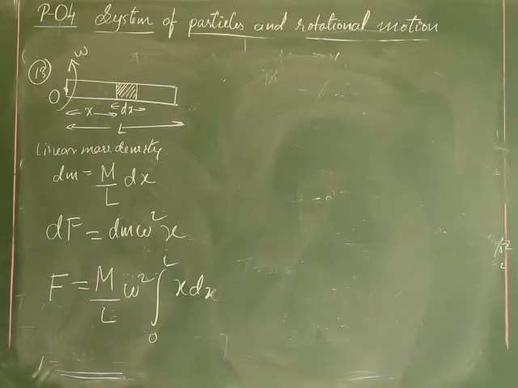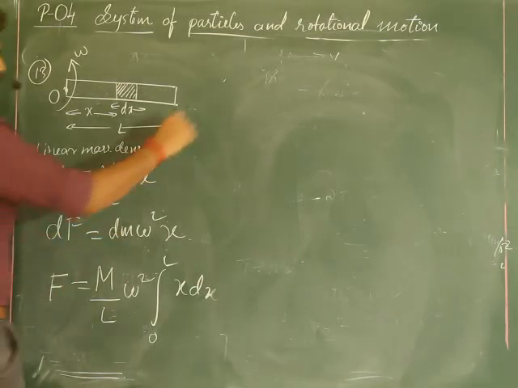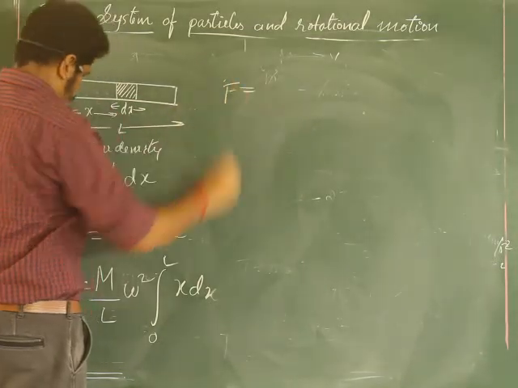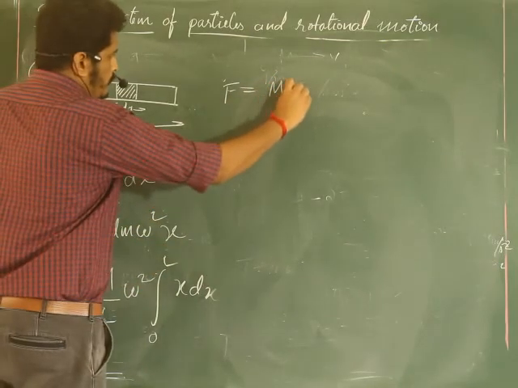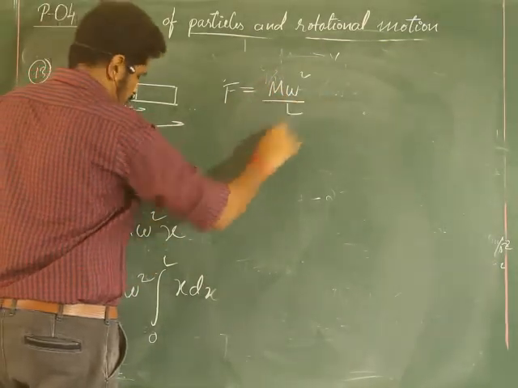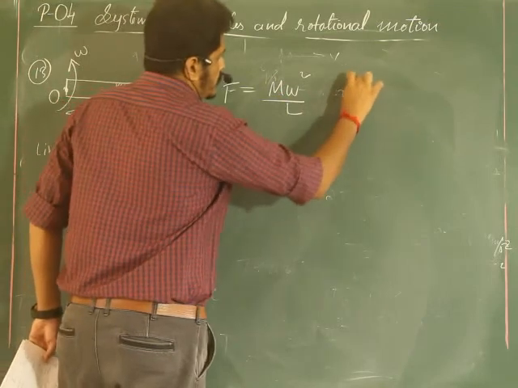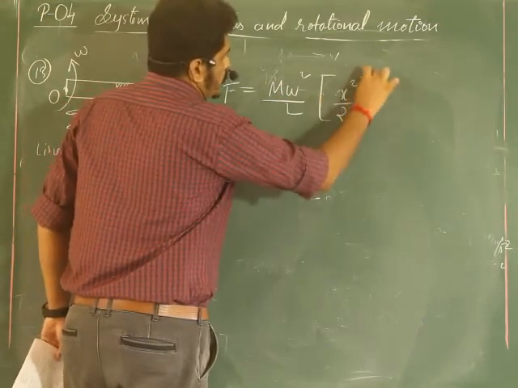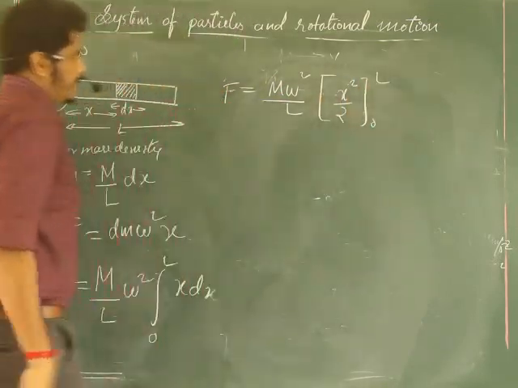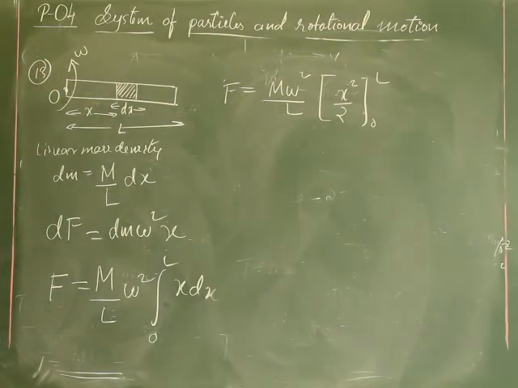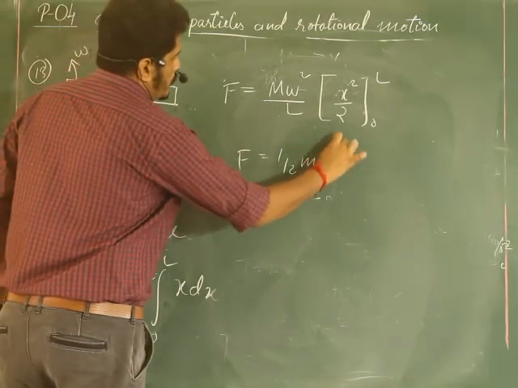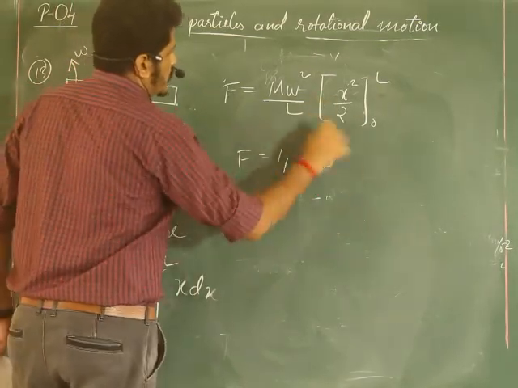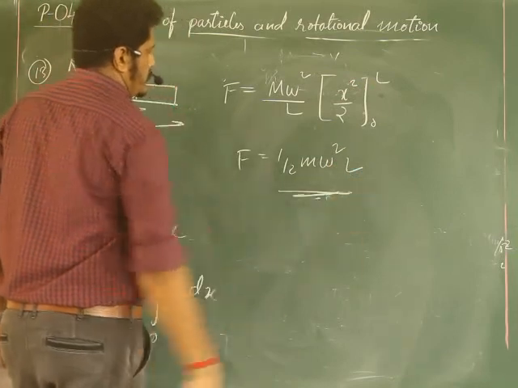Next, when you start integrating this, what you get is, yes, integrating on both sides. So f equal like this we get. So m omega square by l, integration of x square by 2, 0 to L, like this you get. So what is the answer now? Half m omega square L square, here L is there, cancels, so L remains.